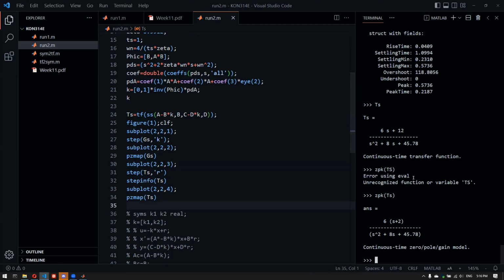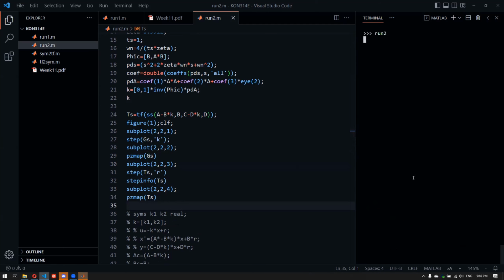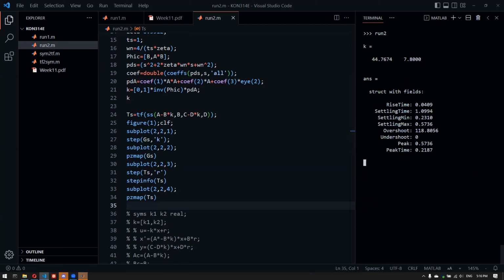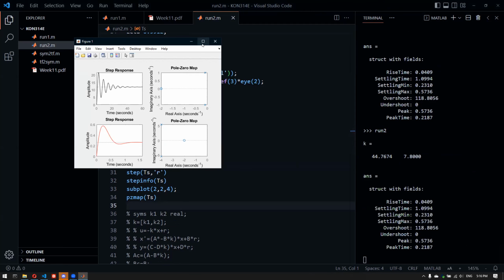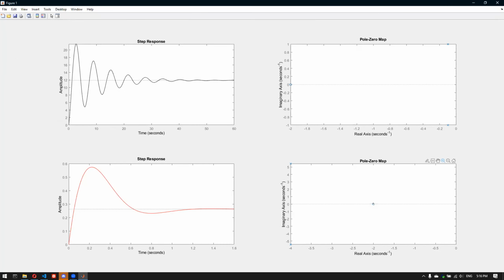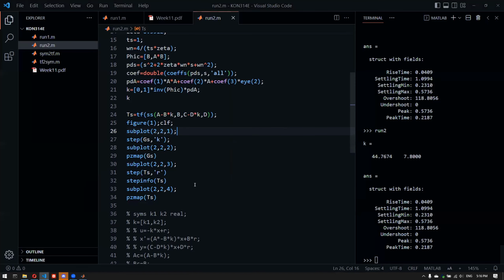Maybe that's going to help us out a little bit more. There we go. Now we have poles and zeros here. We can see our pole pair is at -4 and probably at the exact zeta value that we're looking for, but we have a zero that's dominant, so this is basically messing up stuff here, whereas our poles were here.